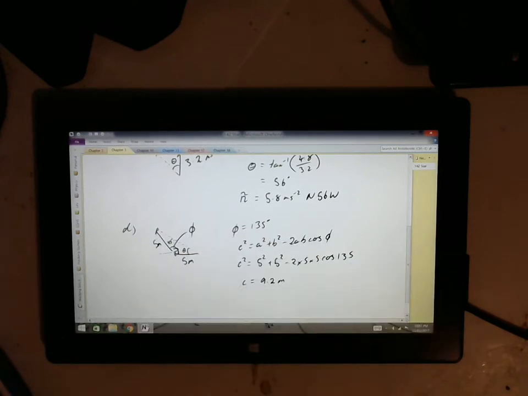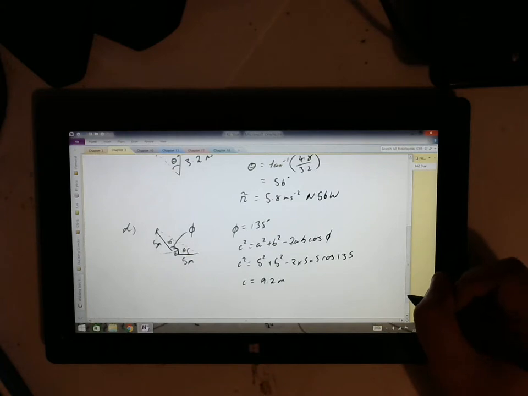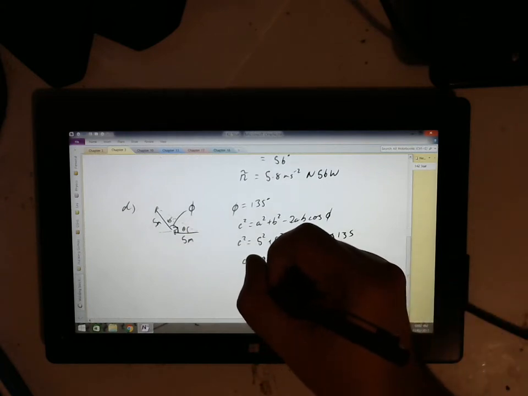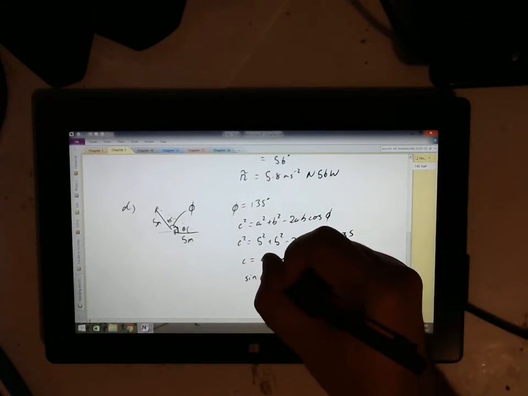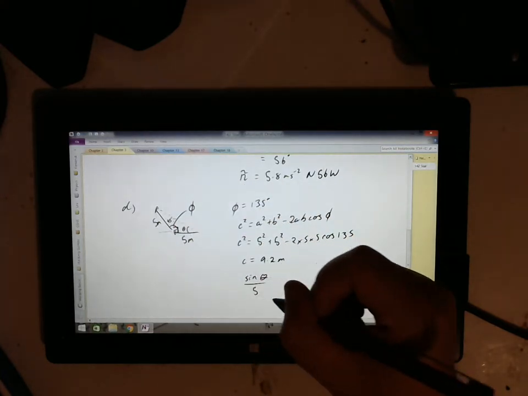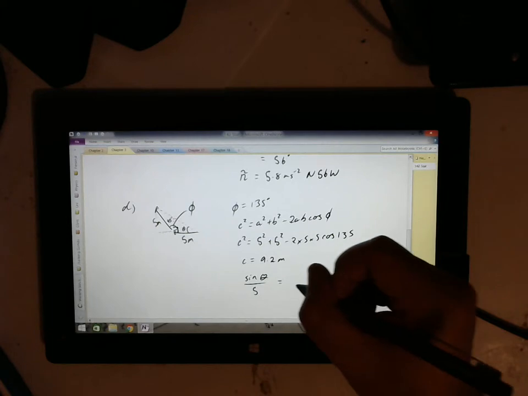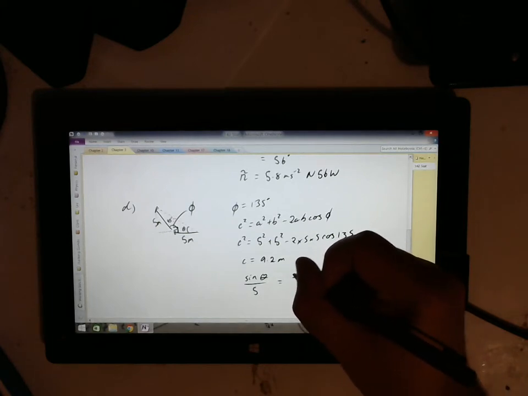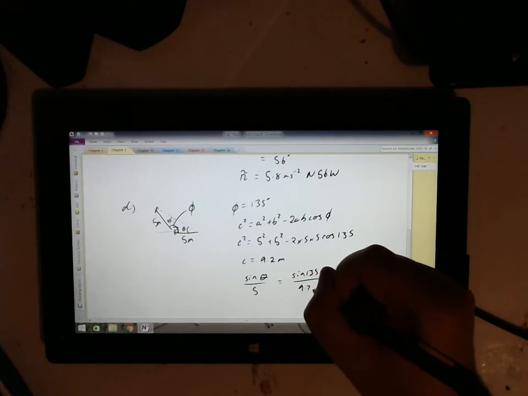Now we want to work out that angle in there. We can use the sine rule for that. So the sine of theta over 5, which is the side opposite, equals the sine of 135 divided by 9.2.